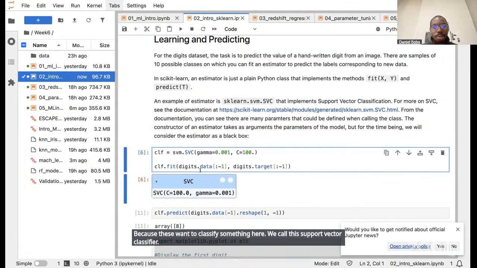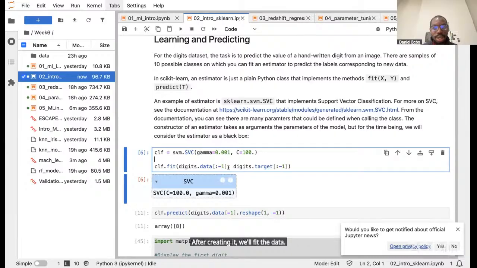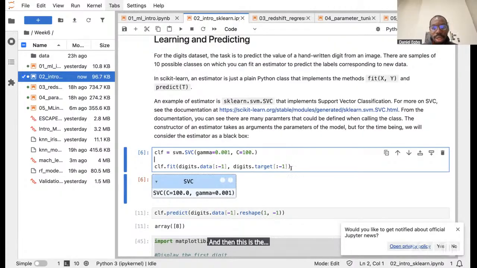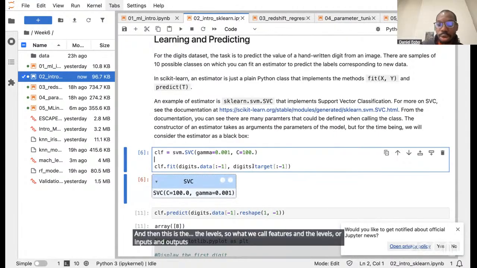After creating it, we fit the data. So this is the data, and this is the labels. What we call features and labels, or inputs and outputs, depending on your background.